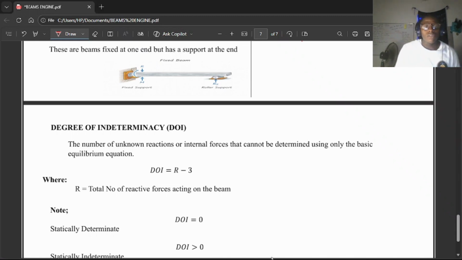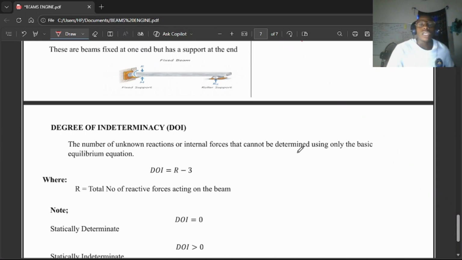When we are considering degree of indeterminacy, we are basically talking about the number of unknown reactions or internal forces that cannot be determined using only the basic equilibrium equation. I say again, DOI simply tells you the number of unknown reactions or internal forces that cannot be determined using only the basic equilibrium equation. Am I communicating?